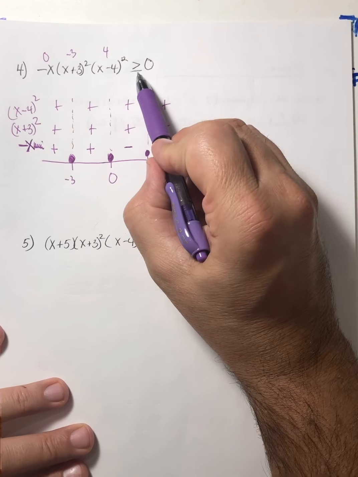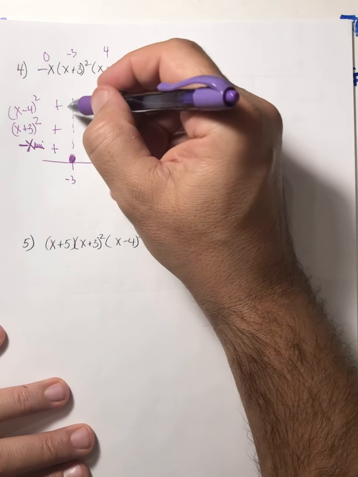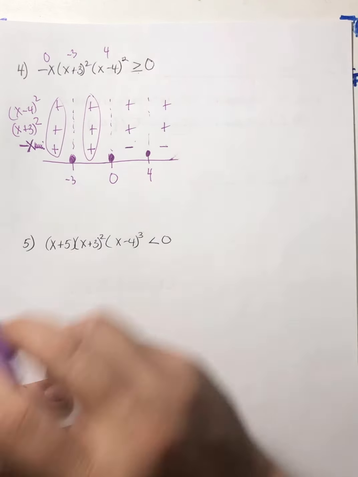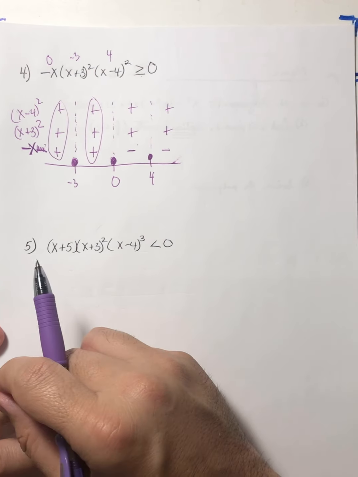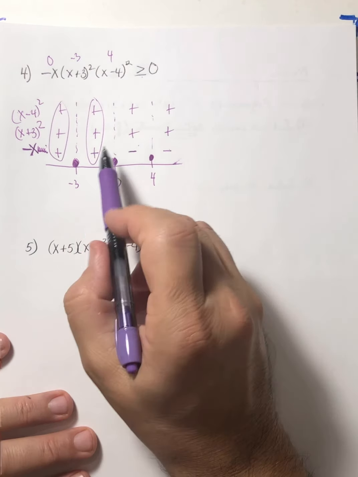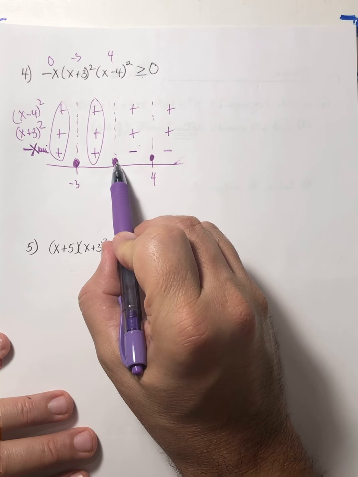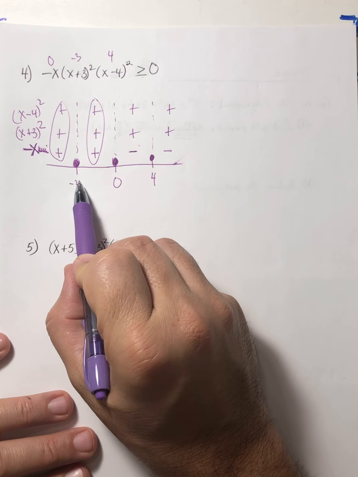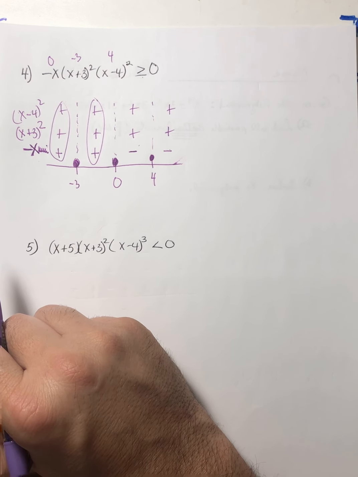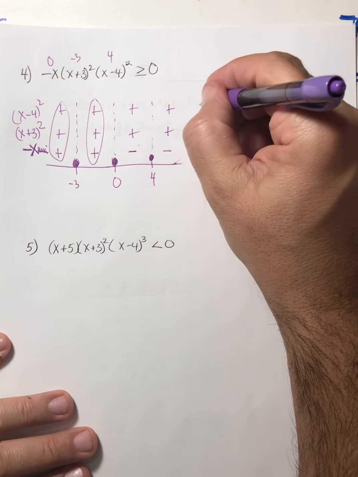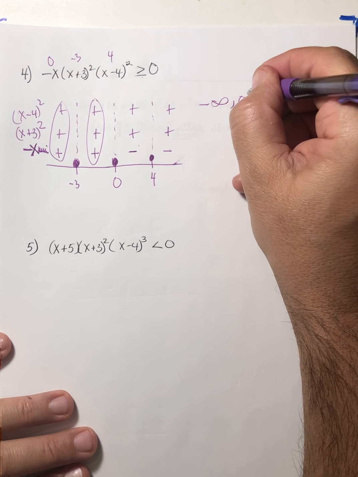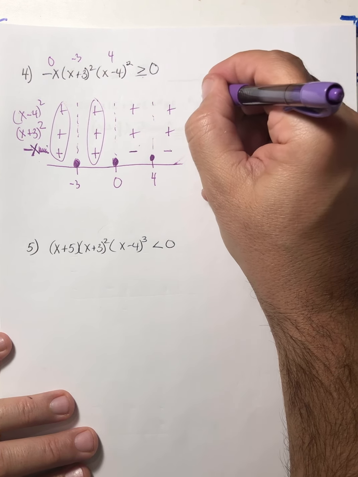So what are we looking for? Greater than 0, negative and a negative. So what's our solution? Well, we could say negative infinity to 0. That would include the negative 3. We could go negative infinity to 0, bracket, parentheses.